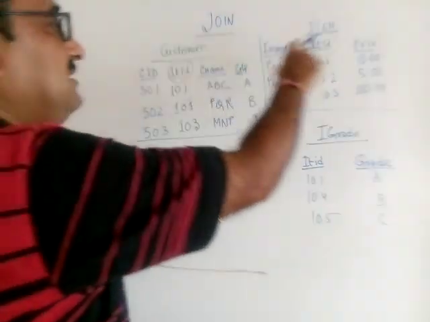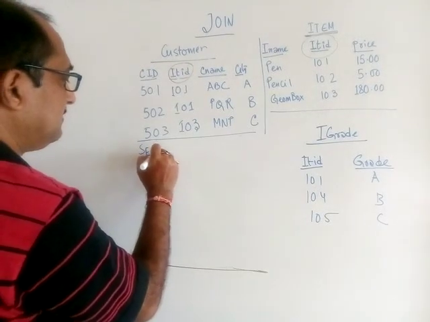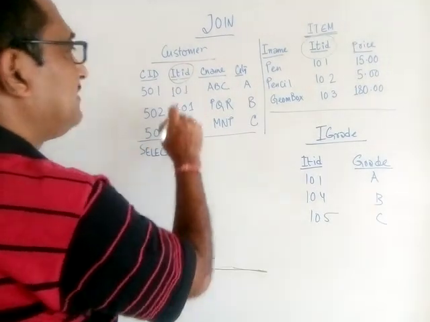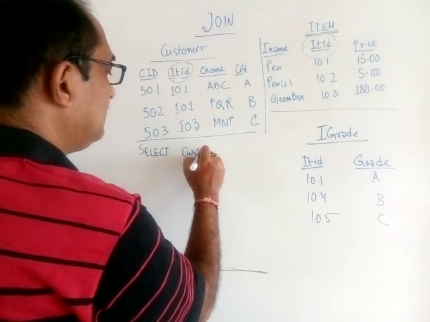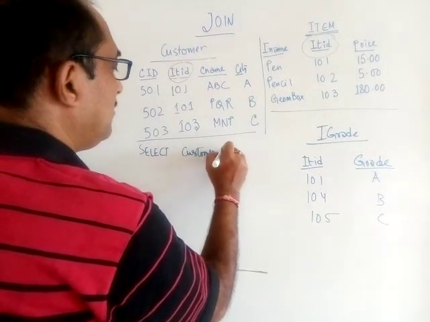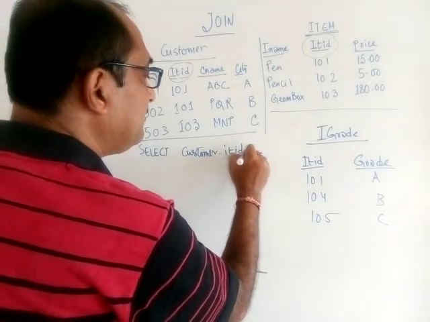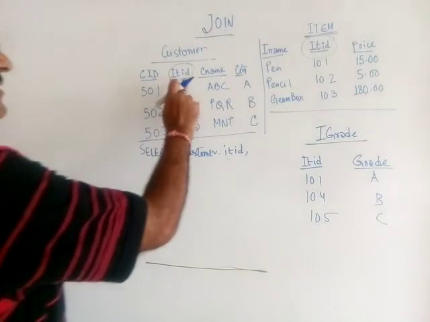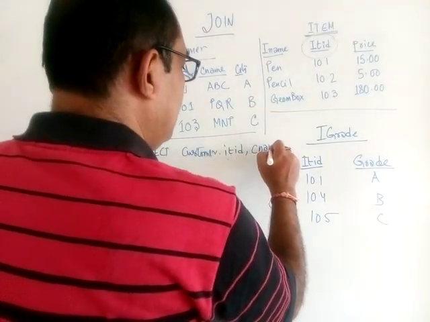Now if I join these three tables by writing select, I wrote here very clearly customer dot ITID. I told you the reason, because otherwise ambiguity will come. Customer dot ITID I wrote. Then I will put customer name.